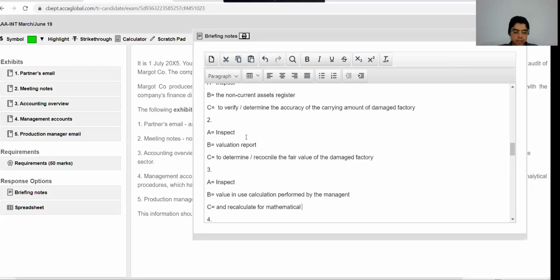If the plus and minus are correct, if the multiplication is correct, you could simply do recalculation for mathematical accuracy of the value in use calculation.